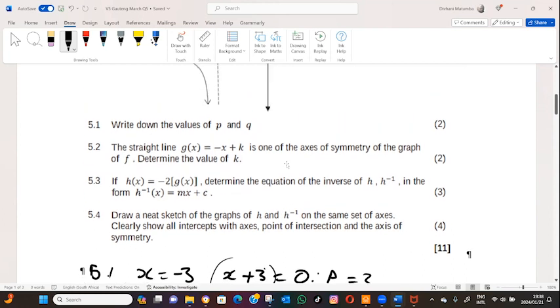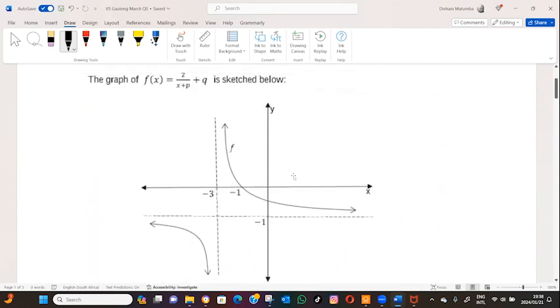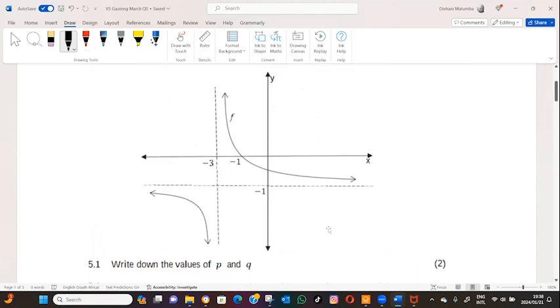Now, guys, these may seem simple, but it is not. So the best way to determine the value of k: the value of k is the intercept.